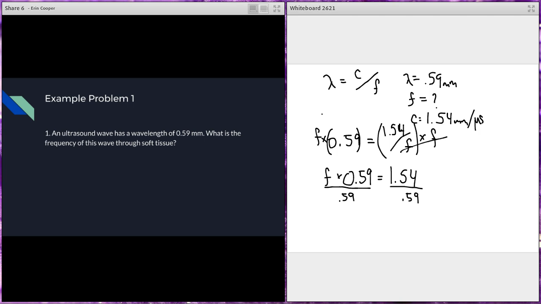Since 0.59 is the same as 0.59, they're going to cancel out. So we're just left with f on this side. And now, using a handy-dandy calculator, or if you are a human calculator, then you can probably do this on your own, we have 1.54 divided by 0.59, and that gives us a value of about 2.61.